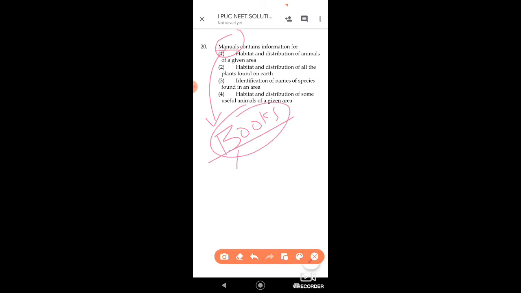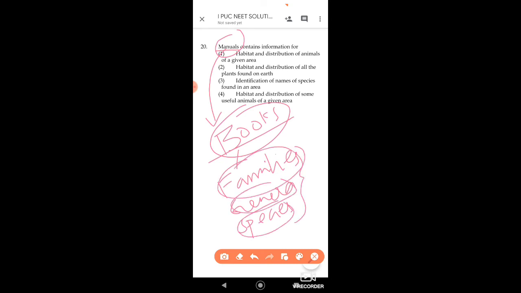Information from different sources is collected, where families, genera, and species, all this information will be there, but of a particular area. That is what we call manuals. Manuals are books where we have all the complete compiled information of a particular area.